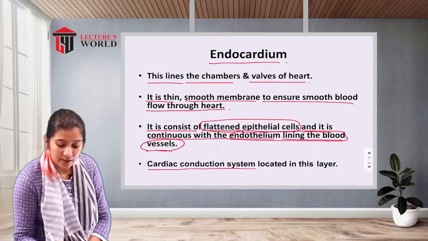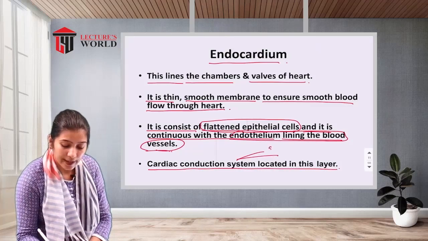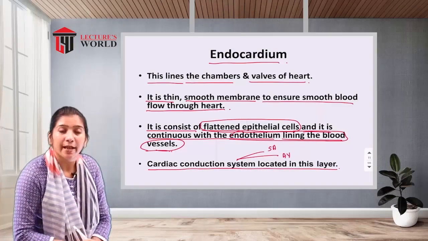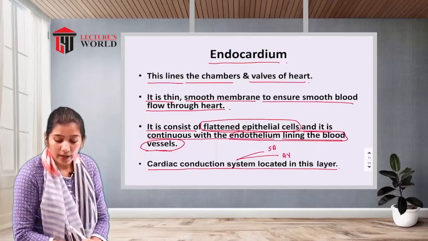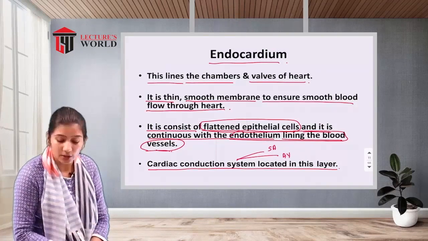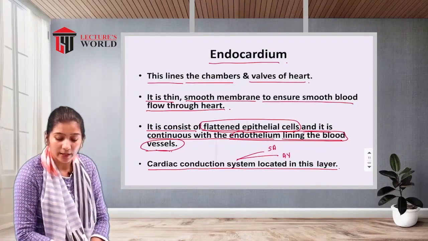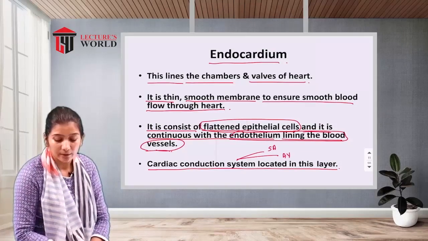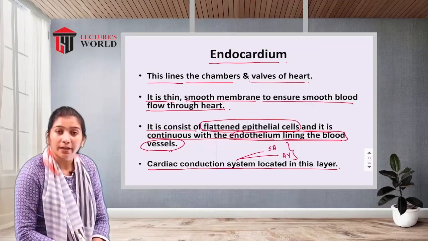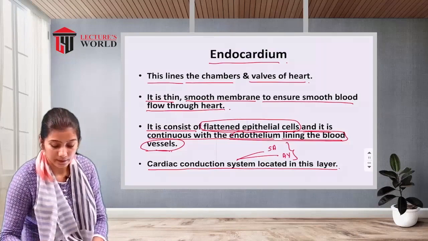The cardiac conduction system is located in this layer: the SA node, that is the sinoatrial node, and the AV node, that is the atrioventricular node. Both nodes are part of the cardiac conduction system.